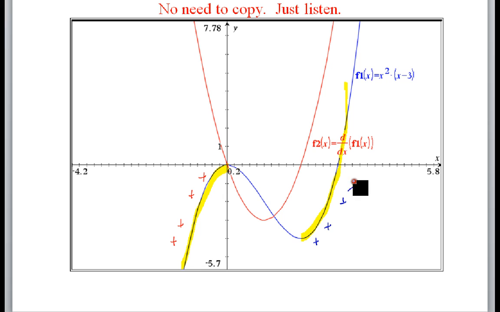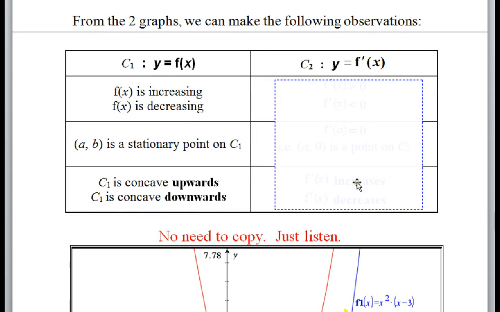The gradient is positive, and for this corresponding portion, this part is above the x-axis. That's observation 1. So, point number 1, if f x is increasing, f prime x should be larger than 0. A consequence is that it will lie above the x-axis.